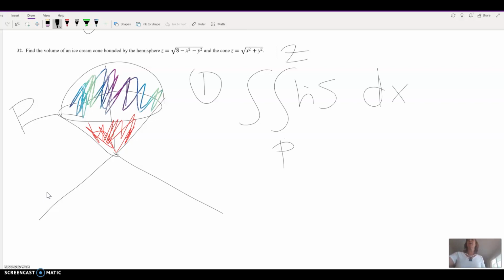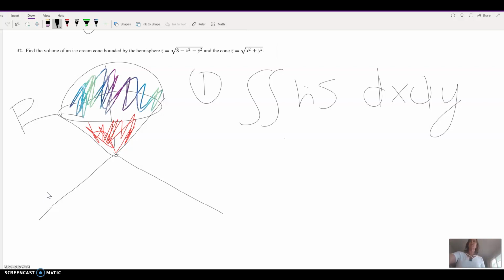And then this would just be dx dy. So I'm integrating the actual hemisphere, and then I would look at my cross section of x and y, and I would be describing the circle that is that plane. So that would be my dx and my dy. And that's how I would have to do it.